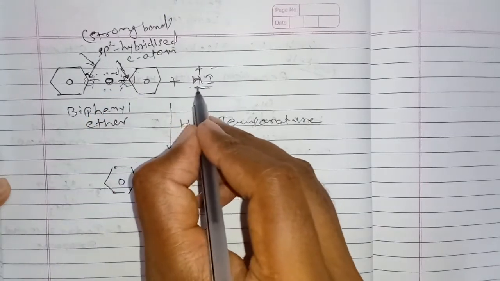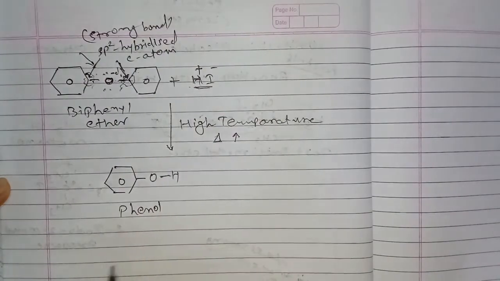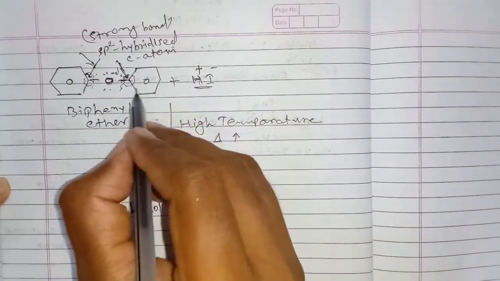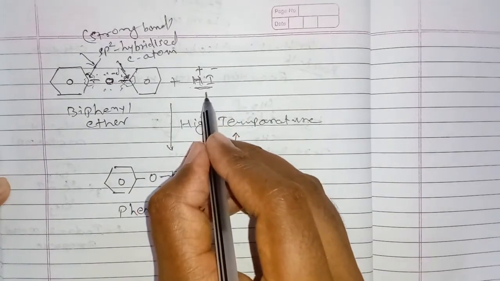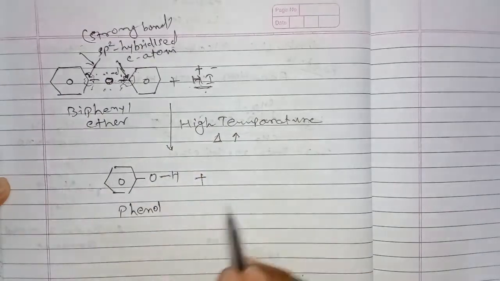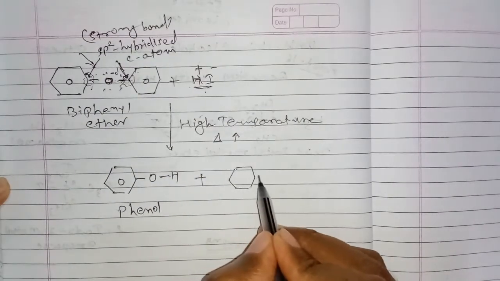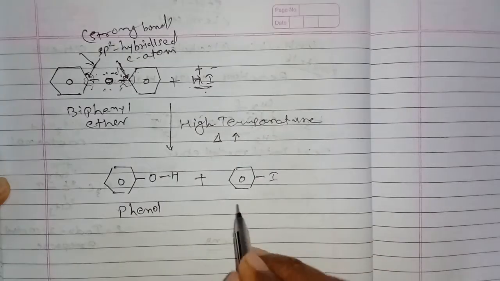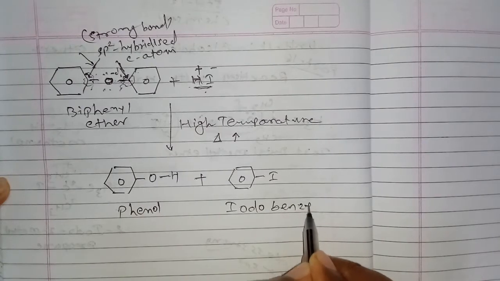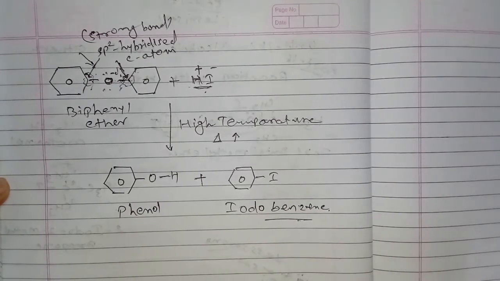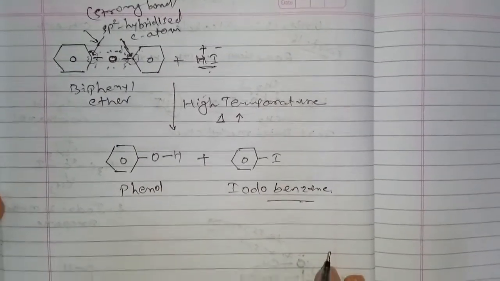This will attach with hydrogen, it forms phenol, and the rest of the part will attach with iodine, and it forms iodobenzene. Okay, this reaction is very important.